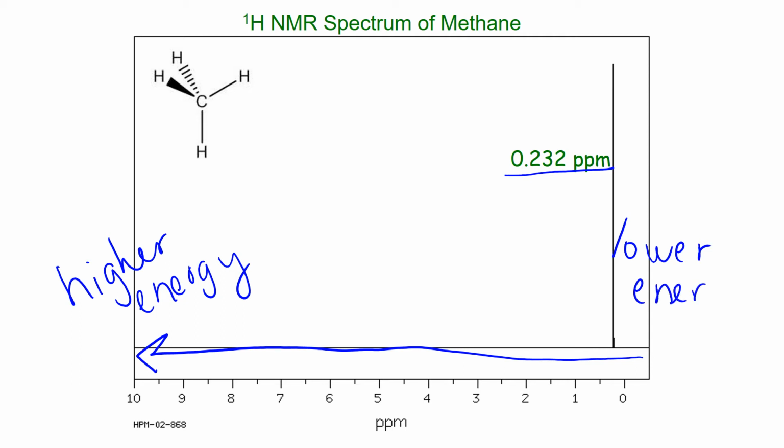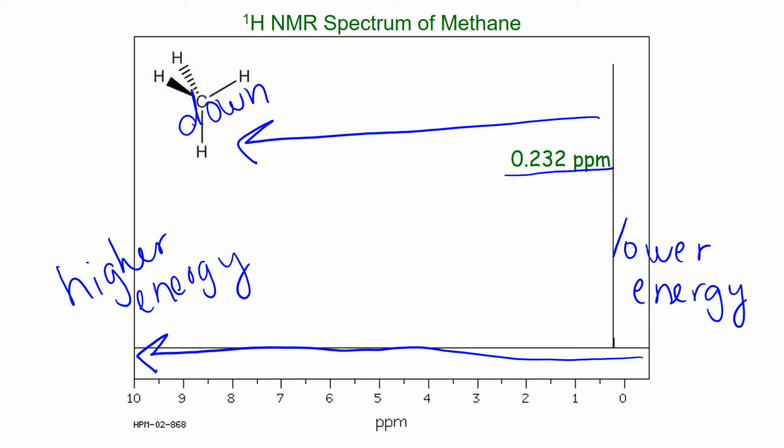And there's some other terminology that needs to be introduced here. As we go from right to left, we say that we're going downfield. And as we go from left to right, we say that we're going upfield.